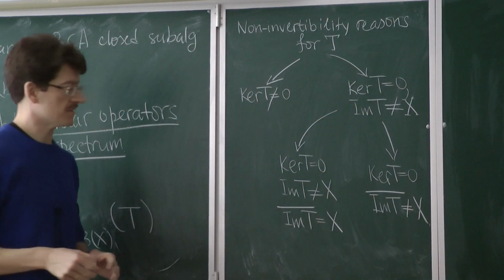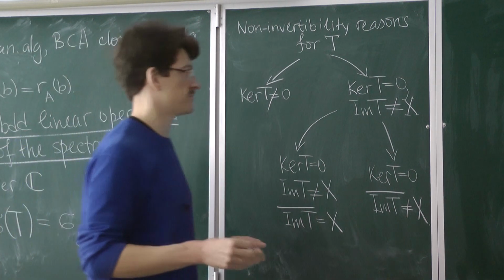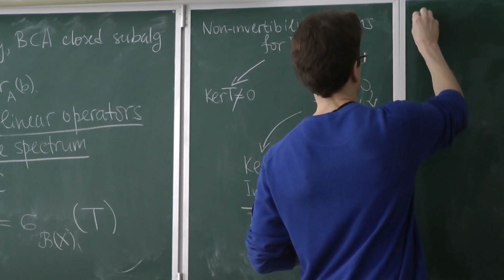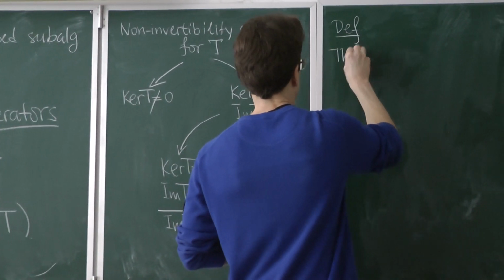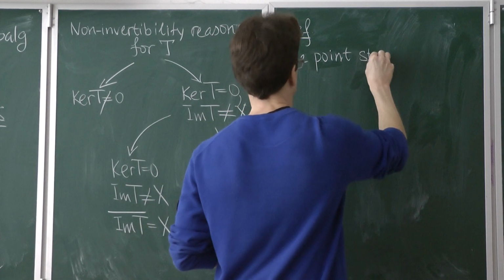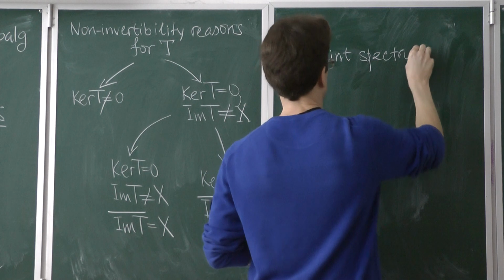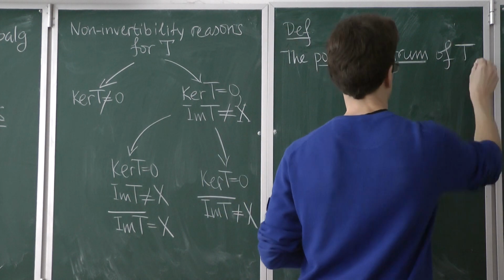And now, by looking at this picture, we can introduce the following three parts of the spectrum. We'll have the following definition. We define the point spectrum of T as follows.